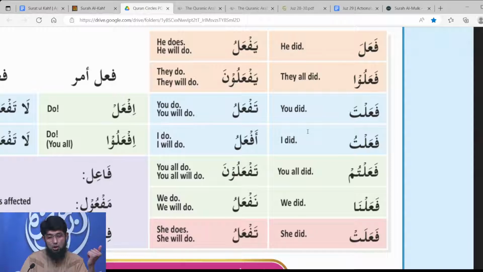Okay, so if you look at the difference here, what this pattern is showing you is, imagine that the word is composed of three root letters. In this template, they are fa, ayn, and lam. Everything has been derived on this pattern.